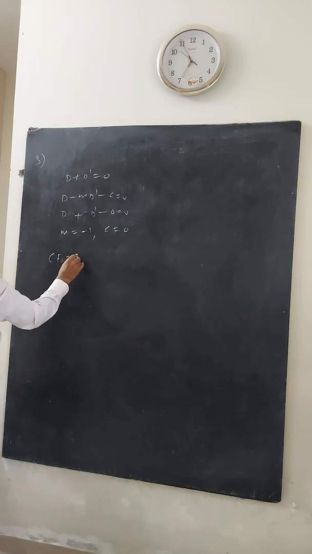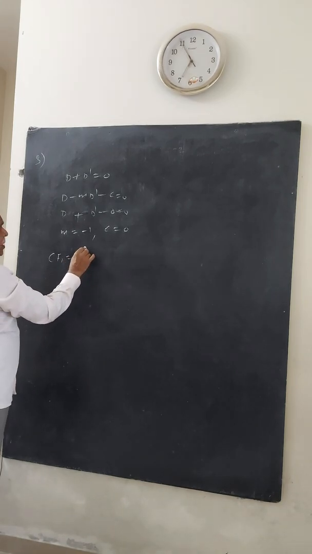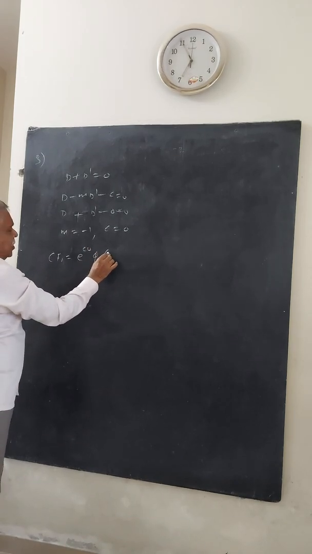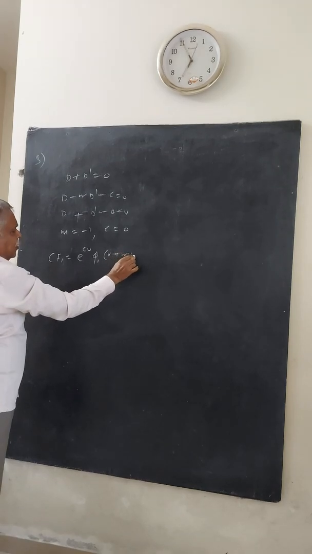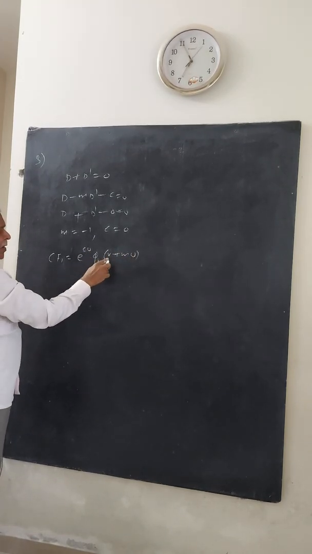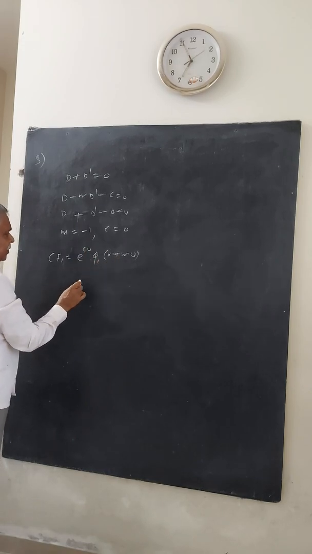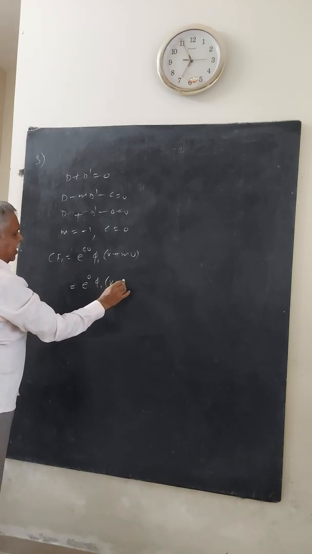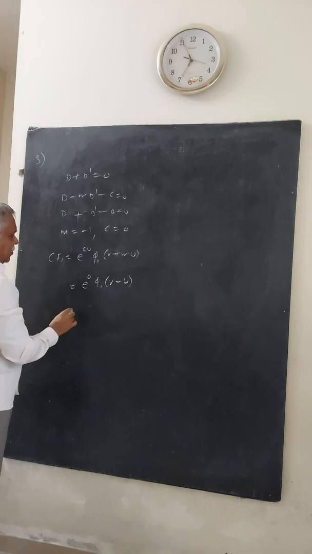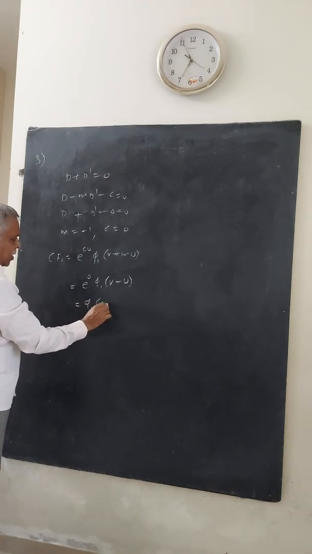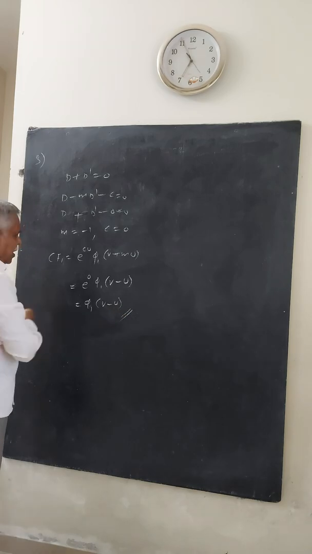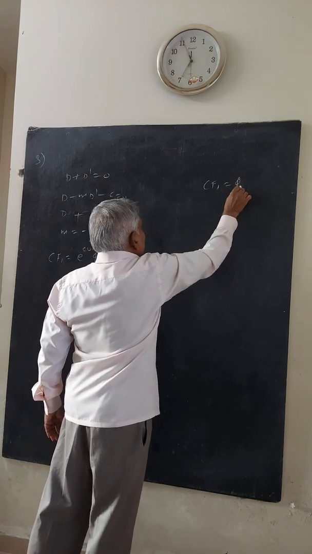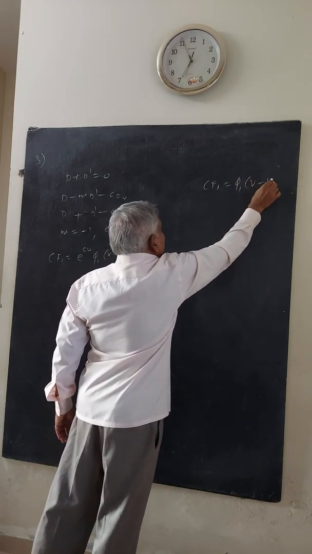CF1 = e^(cu) φ1(v + mu) is the formula. Instead of x and y, we are using u and v. e^0 φ1(v − u), m = −1. Therefore CF1 = φ1(v − u).